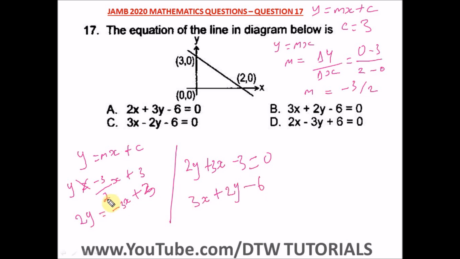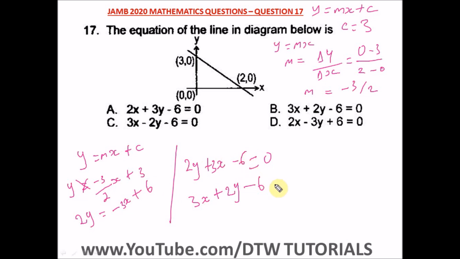So we have to multiply 2 on both sides. So this should be 6, not 3. It should be 6 because these two are not cross multiplying. We're multiplying these two on both sides. So 2 times y, 2y. 2 times minus 3 over 2 is minus 3, and 2 times 3 should be what? 6.